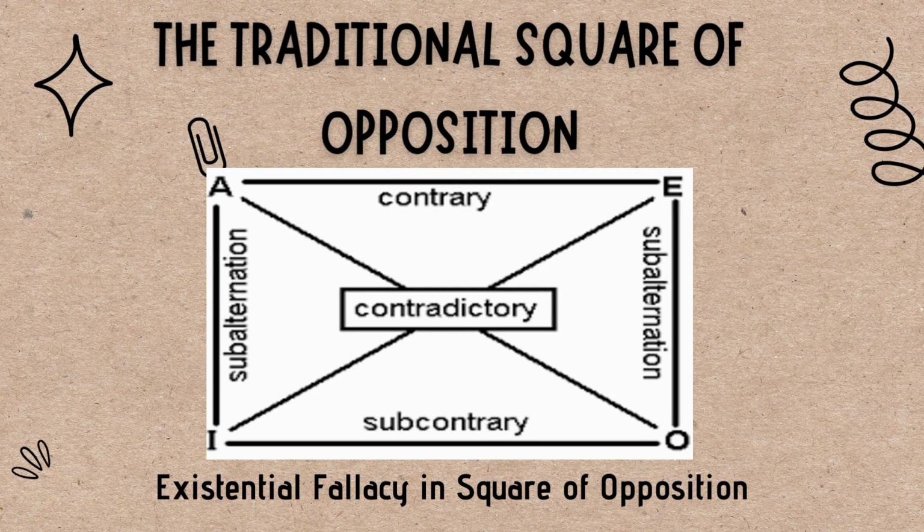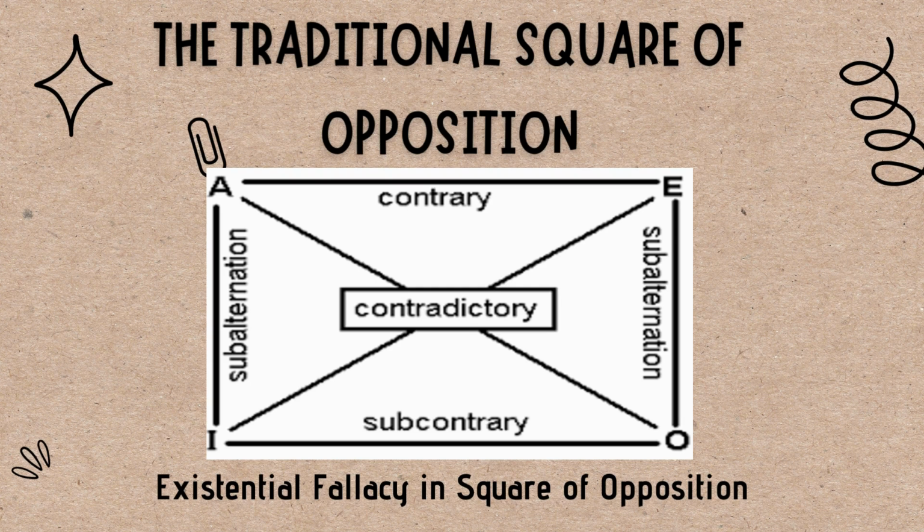So, let's look into sub-contrary statements. IO belongs to sub-contrary statements. This IO sub-contrary pair is always between particulars, so both sentences will be particular, either particular affirmative or particular negative.